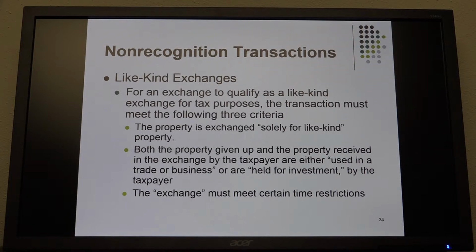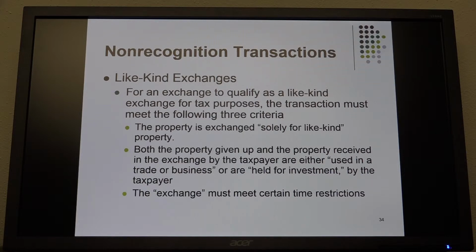So it could be trade or business property in exchange for trade or business property. It could be trade or business property exchanged for property that they're going to hold for investment. It could be property the taxpayer holds for investment that they're going to exchange for property that they're going to use in a trade or business.